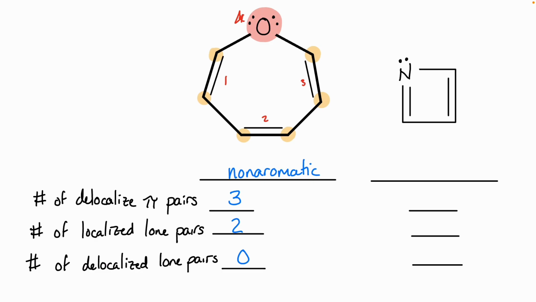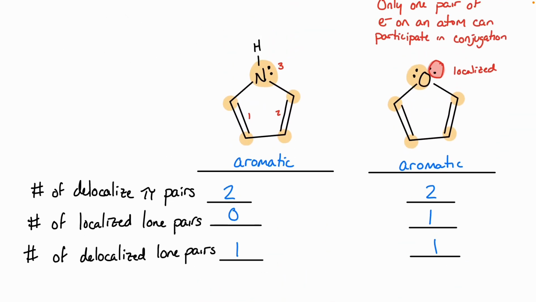So I'm going to see if I have a fully conjugated ring, right? This carbon's participating in this double bond, this one is, and because that nitrogen is participating in a double bond, this one is as well, right? Okay, now remember the rule here.